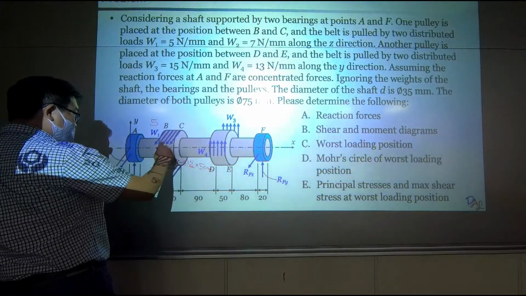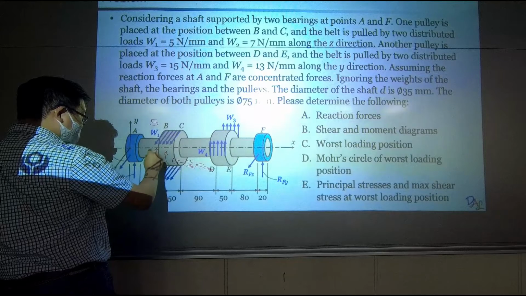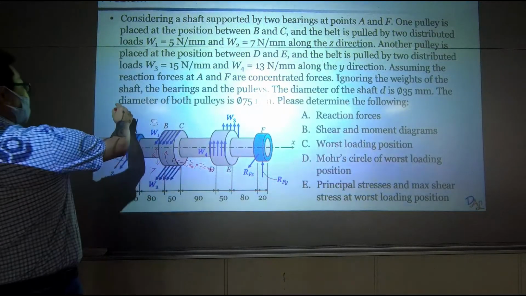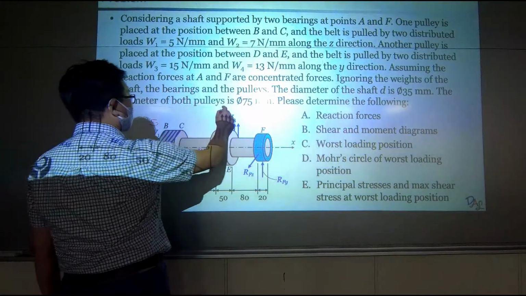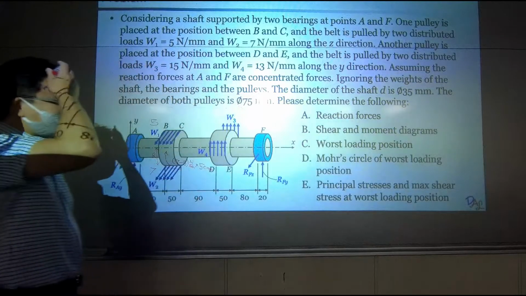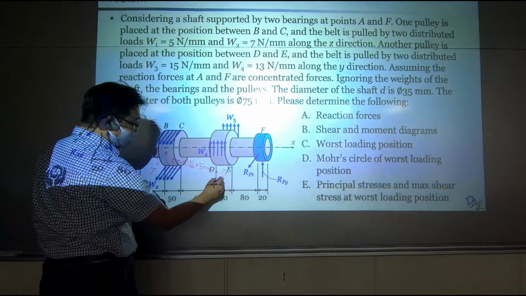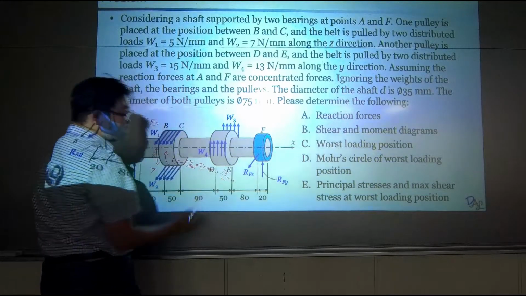And also the radius. The radius is how large? How big? Okay, the diameter of both pulleys is 75. So this is 75 over 2 millimeter.